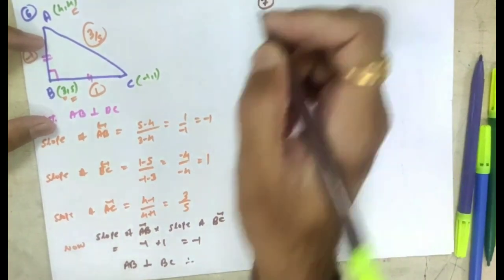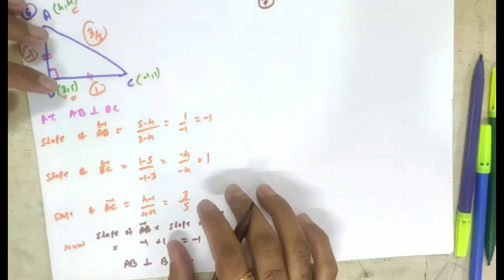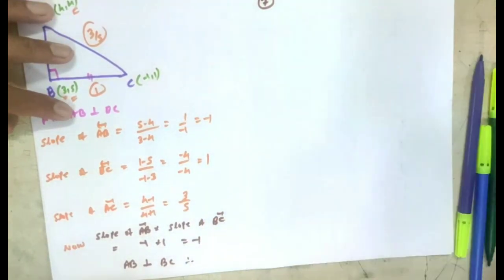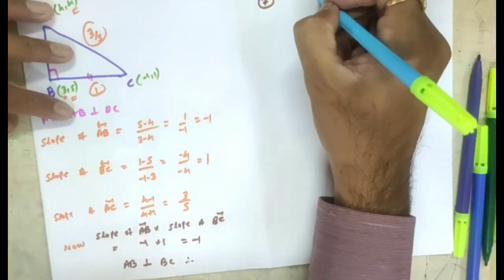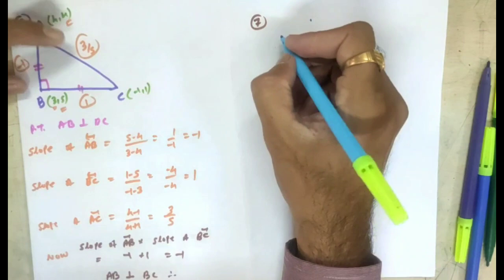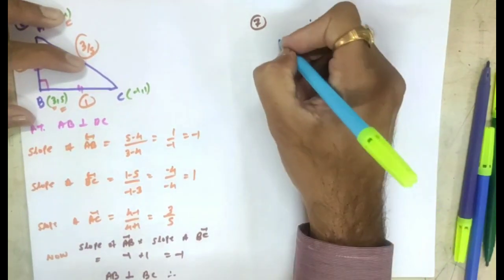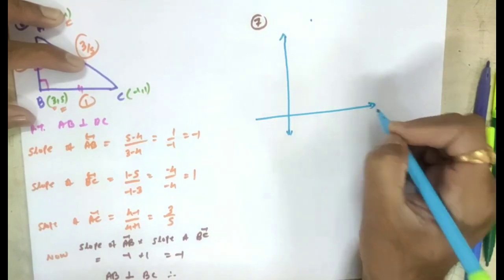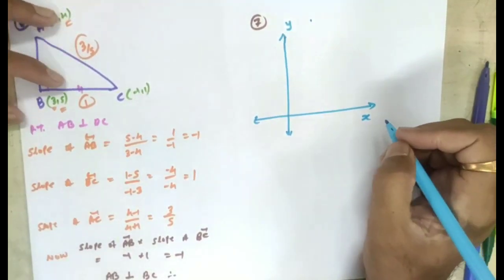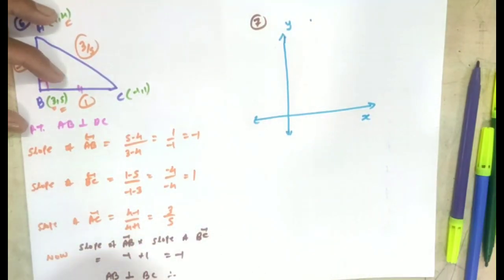Here we have to find the slope of the line which makes angle of 30 degree. Diagram. This is our coordinate system. One line is given which makes the angle of 30 degree with the positive direction of y-axis.